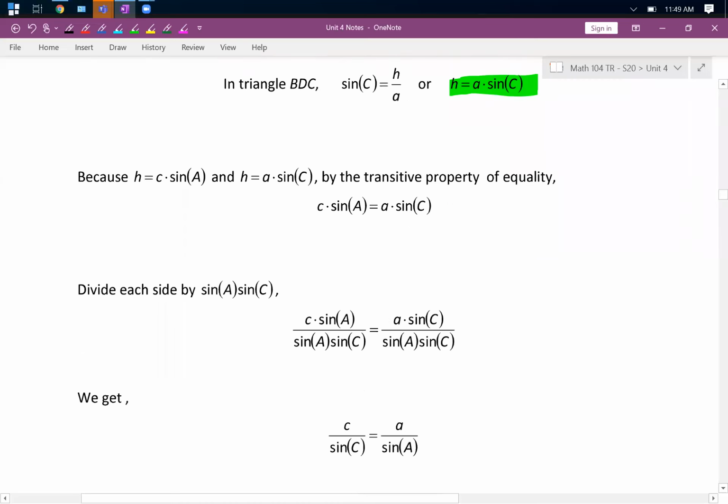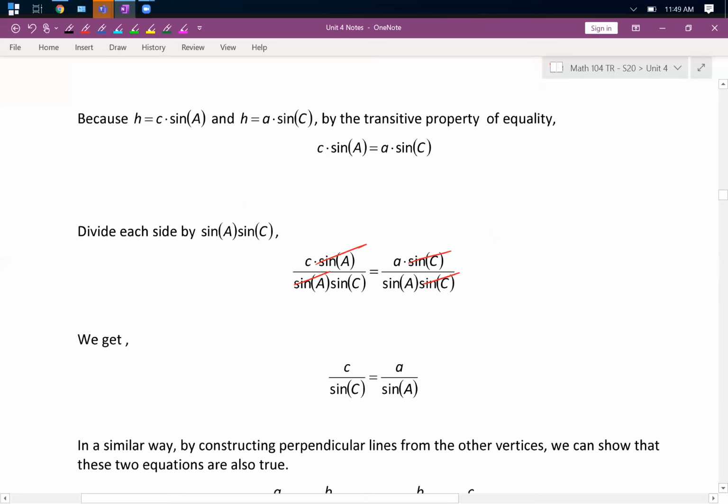So we get C sine of A equals A sine of C. I can divide both sides of this equation by sine of A sine of C. That's a legal math move. I'm going to get stuff that cancels, and we're going to be left with C over sine of C equals A over sine of A. Any questions so far?